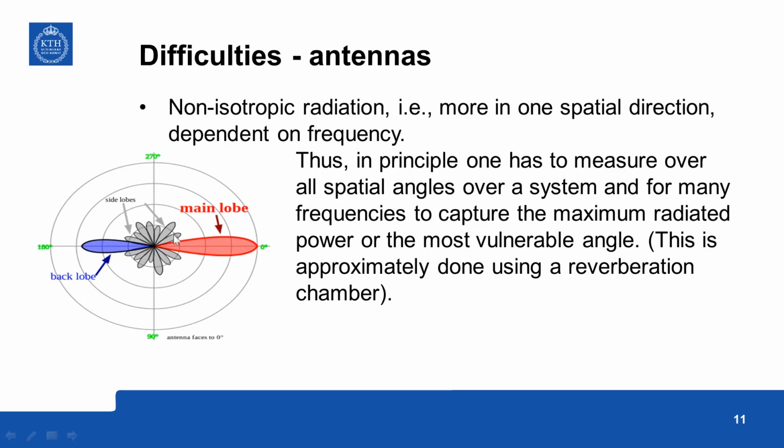So depending upon how the equipment is placed, you can have different reception or different emission. To some extent, such variations are covered during testing by rotating the device under test to various angles and trying to find the most vulnerable radiation lobes.